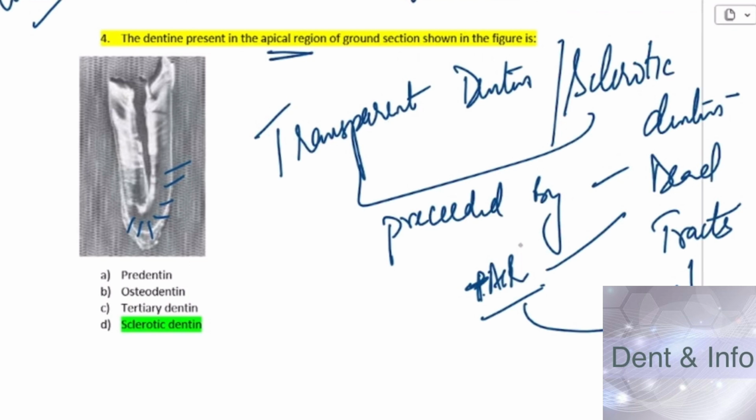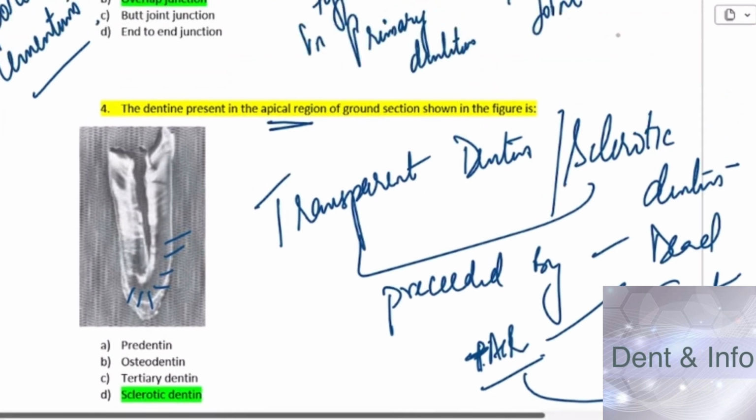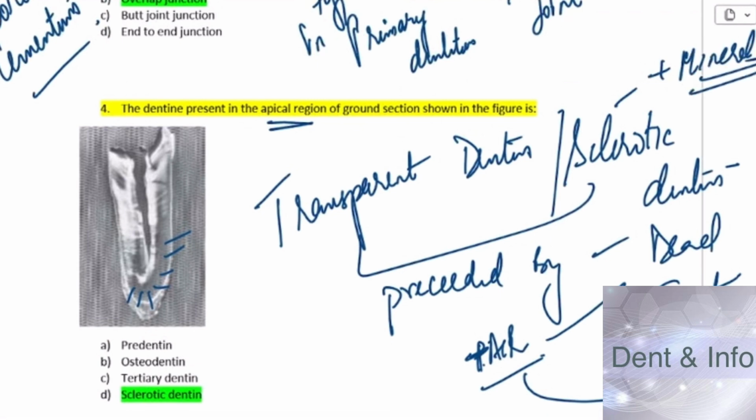Mineralization and sclerosis have occurred inside the tubule. Sclerosis means becoming very hard. The tubule has become so hard because it is filled with minerals. Since the refractive indices get equalized, it appears transparent. So sclerotic dentine is filled with minerals, whereas in dead tracts the tubules are empty.